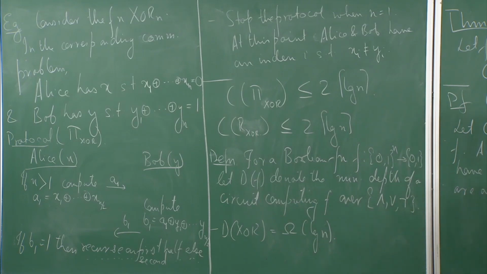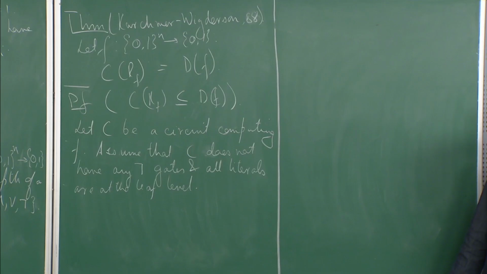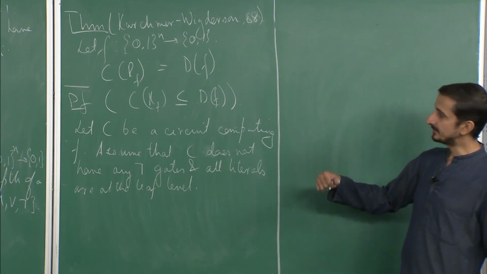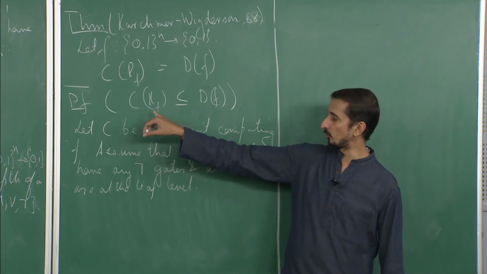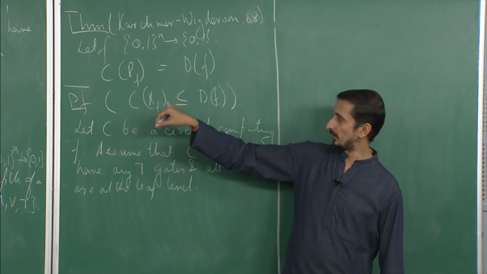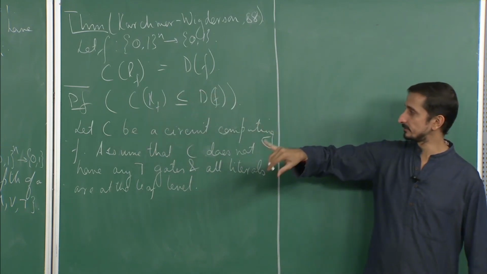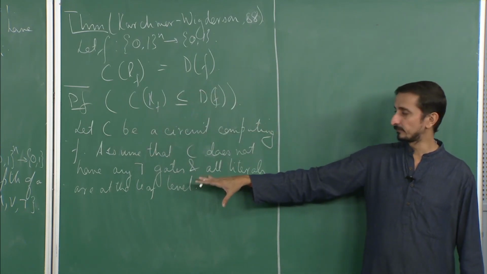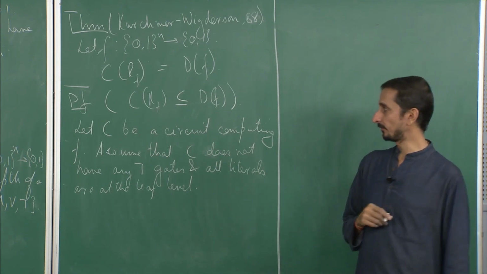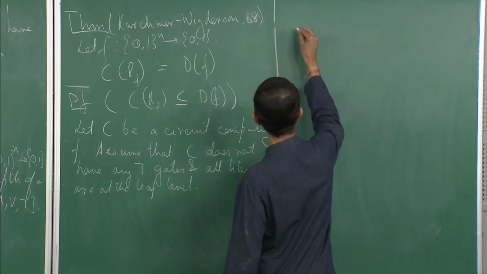Now we will show that there is a communication protocol for R of f which communicates at most the depth of C many bits. So what is the idea?